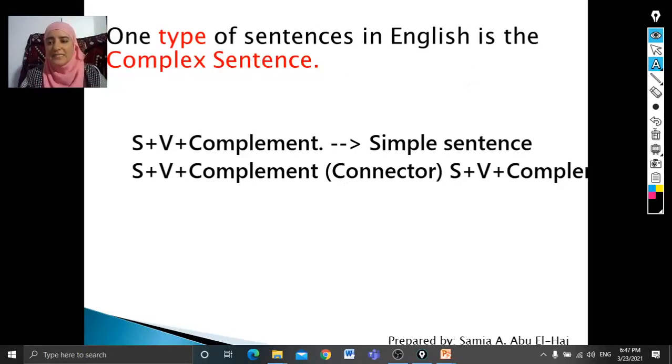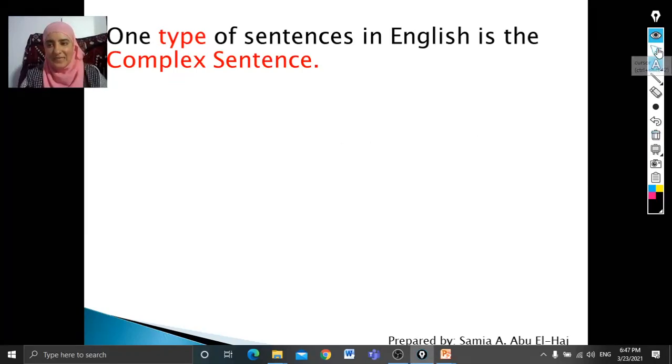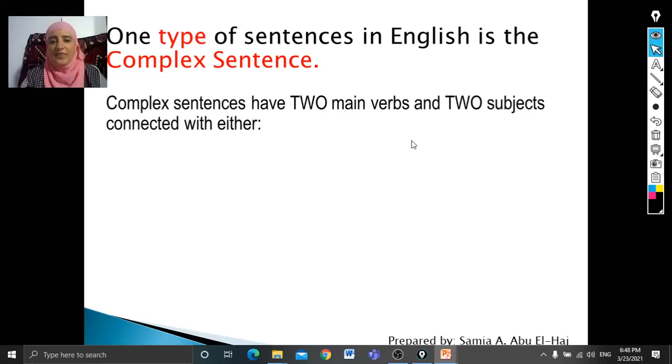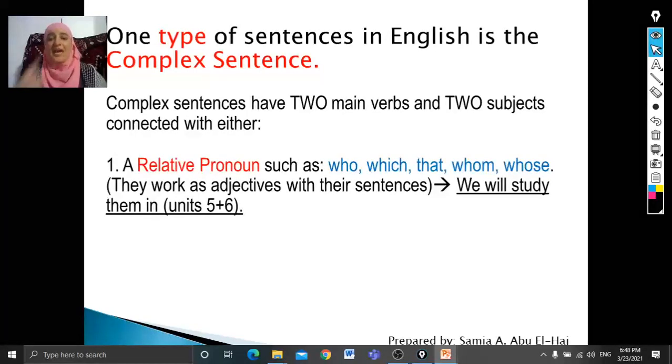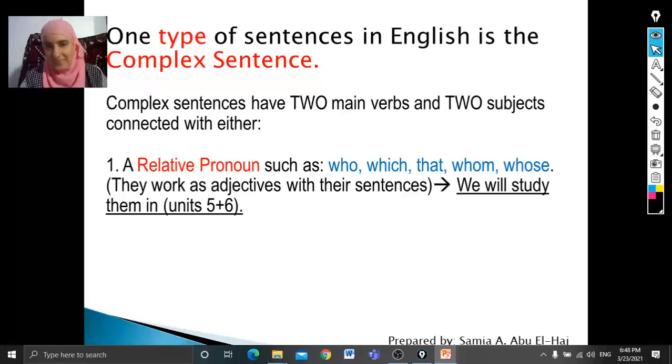So a complex sentence is basically two sentences connected together with a connecting word. In this case, we will have two main verbs and two subjects. We have two kinds of complex sentences. The first uses a relative pronoun as a connecting word, which is who, which, that, whom, and whose, only those 5.